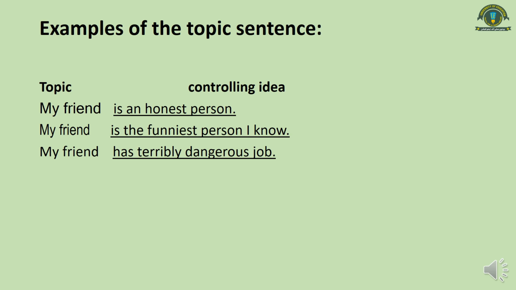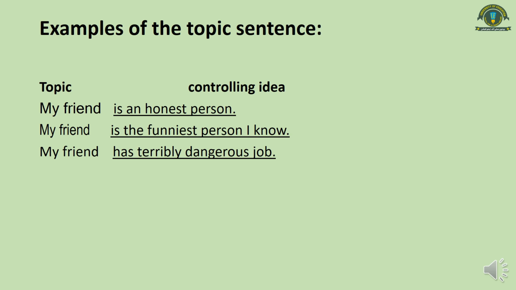Now, this is the example of a topic sentence, or certain topic sentences. So the topic is primarily my friend, and there is some controlling idea attached. So the main figure is the person, the friend about whom we are writing, and then there is some controlling idea attached to the topic.